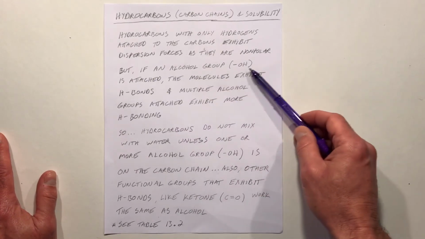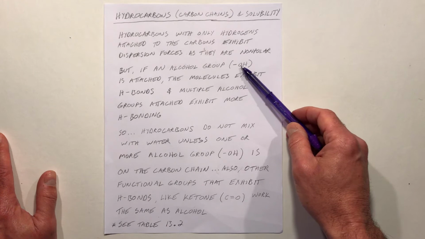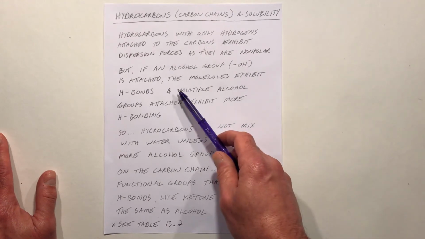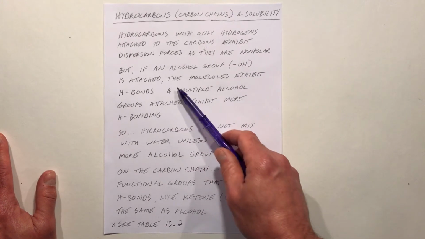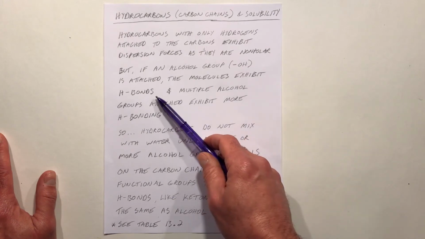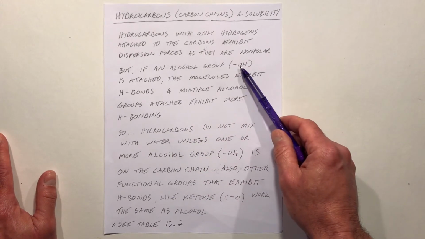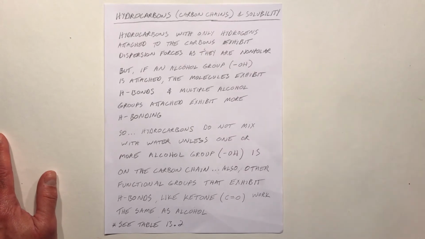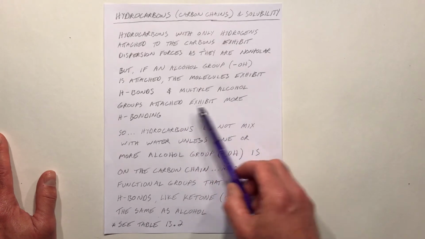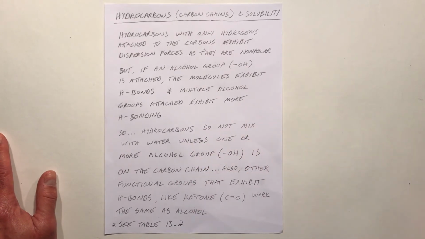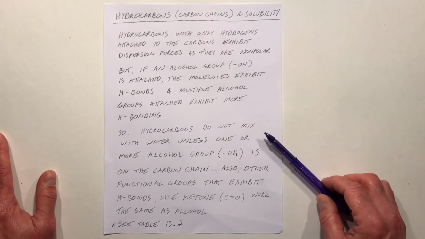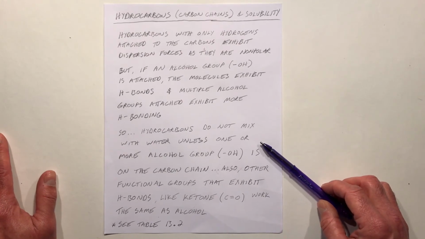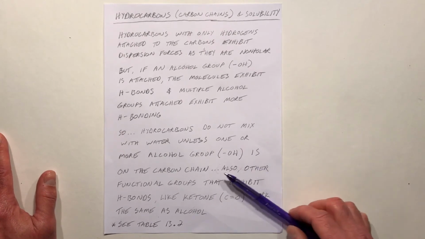But if an alcohol group, for example, and that's where you have an OH attached instead of a hydrogen, is attached to that chain, the molecules exhibit hydrogen bonds, because now we have a really small oxygen atom that could attract to the hydrogen atoms of a different molecule. And if you have multiple alcohol groups attached, they exhibit more hydrogen bonding. So hydrocarbons do not mix with water unless one or more alcohol group is on the carbon chain.